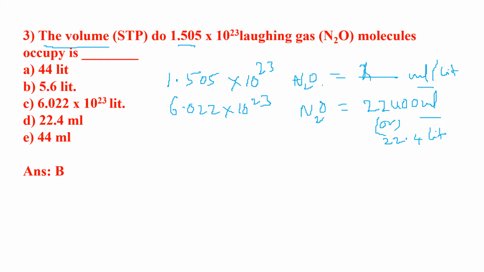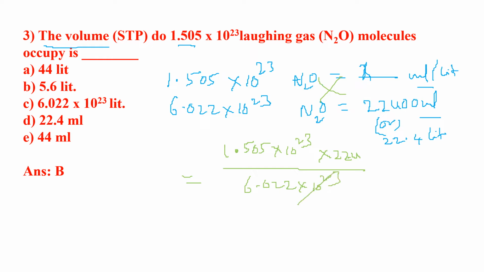Next, do crisscross. The given number of molecules, 1.505 into 10 to the power of 23, into 22.4, divided by 6.022 into 10 to the power of 23.